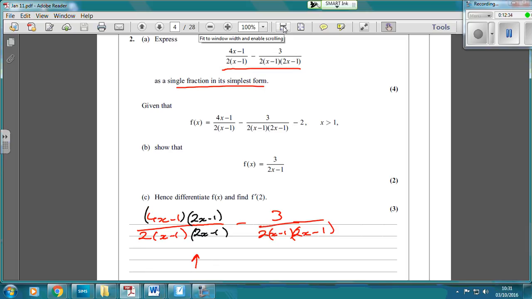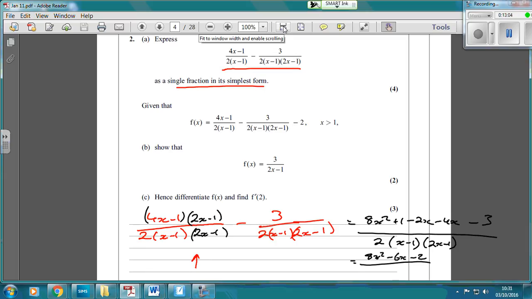So let's now sort out the numerator. 8x squared plus 1 minus 2x minus 4x, and we've got that minus 3 there, all over 2 bracket x minus 1, 2x minus 1, is 8x squared minus 6x minus 2, over 2 bracket x minus 1, 2x minus 1.